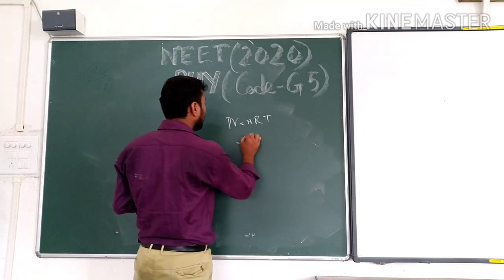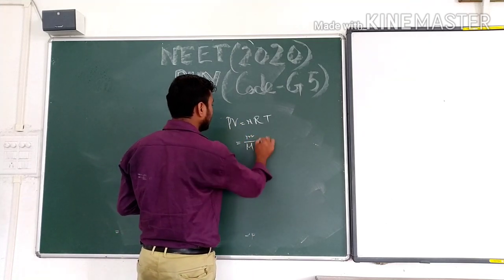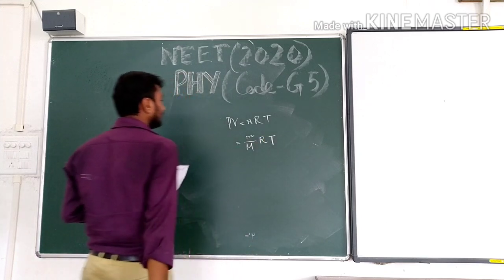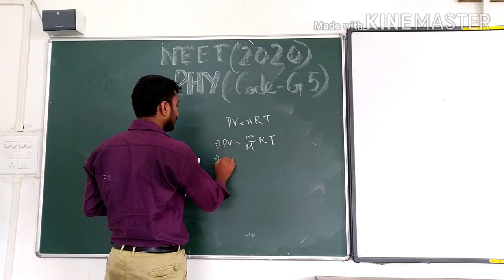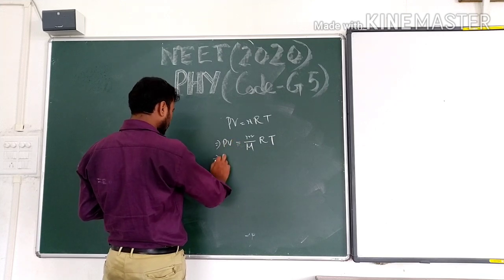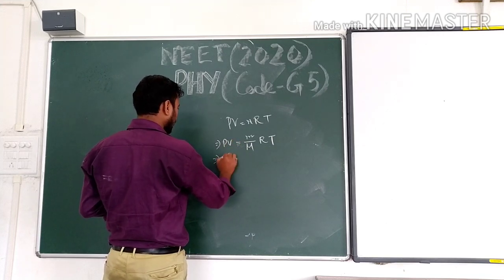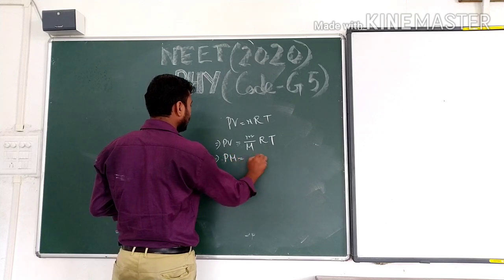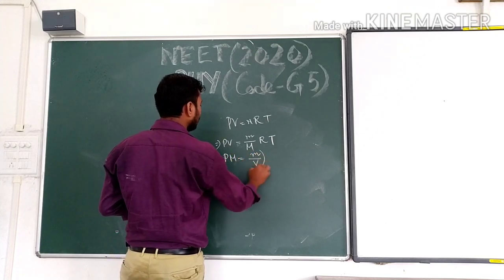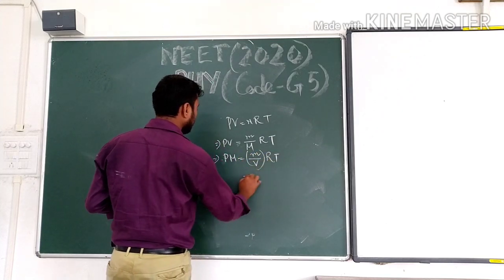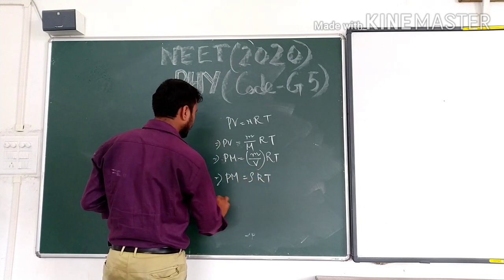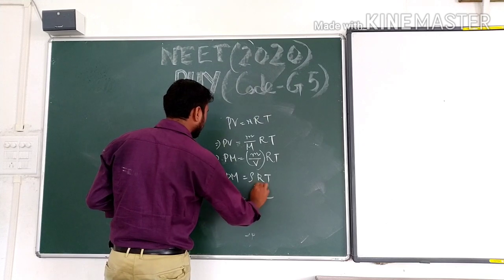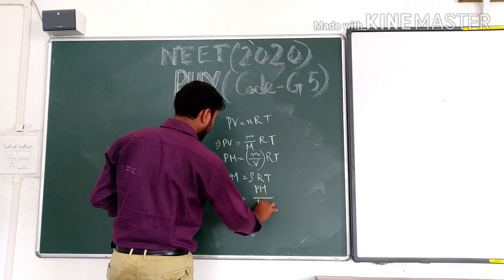So it will be mass per molecular weight into RT. Okay. So this implies PM is equal to mass per volume RT. Mass per volume is density, so PM equals density RT. So density will be PM by RT.